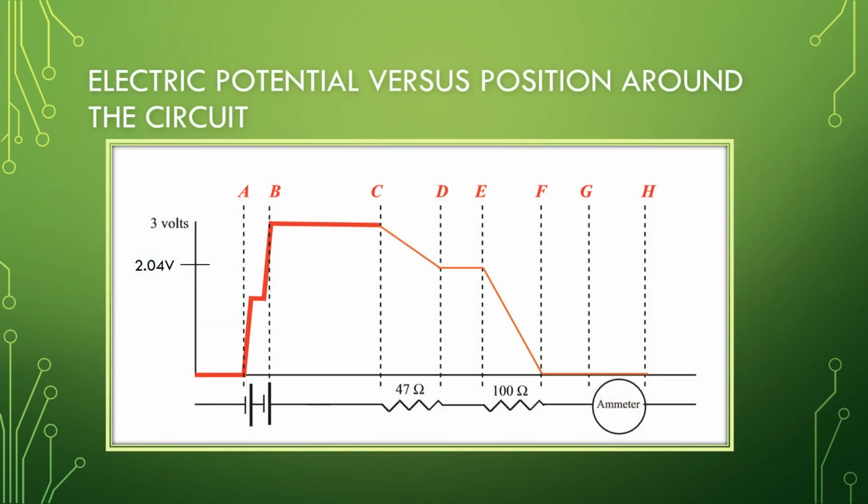Graph the electric potential versus the position around the circuit. We can see that the circuit starts at 0 volts, and as it crosses the battery, it gradually increases by positive 3 volts.